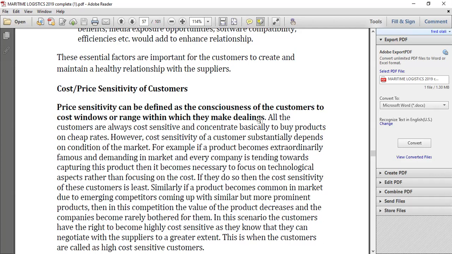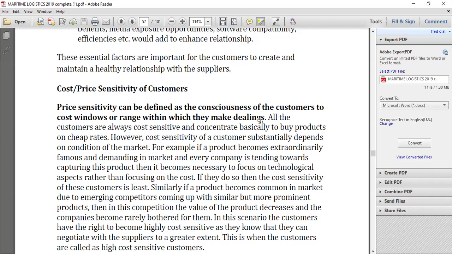For example, if a product becomes extraordinarily famous and in demand in the market, and every company is tending towards capturing this product, then it becomes necessary to focus on technological aspects rather than on that particular cost. If they do so, then the cost sensitivity of these customers is least.